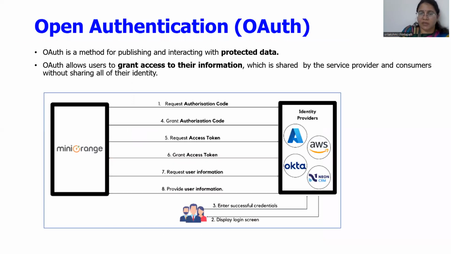Then we have open authentication. The main purpose of open authentication is to protect the data and to grant access for a particular service or a data. There's an involvement of a third party. Now, in this example, the third party is tied up with the cloud providers.